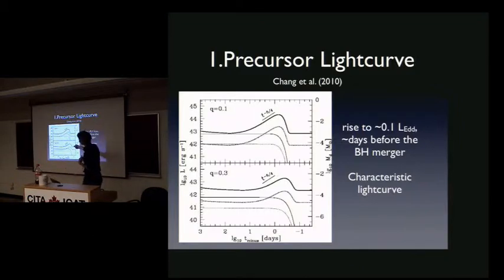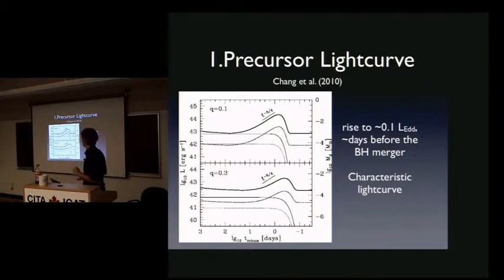So you get this brightening by binding this energy and dissipating orbital energy in that disk. You get that brightening of the disk on this typical power-law behavior that's rising like this. And it happens on a typical timescale of days before the coalescence. And then once you squeeze that disk essentially to the ISCO, the innermost stable circular orbit of the disk, the gas gets in, the two black holes coalesce, and you've lost that inner disk.